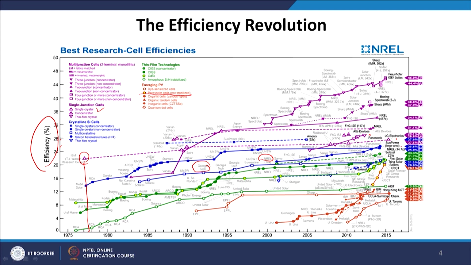In this particular diagram, we are showing the perovskite solar cell by this solid yellow circle, and you see that this technology started somewhere around here, 2013, and within 5 years, somewhere around 2015 or 16, starting from a decent 14% efficiency, the efficiency reached almost 20%.